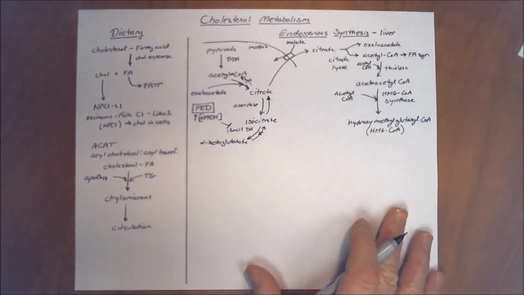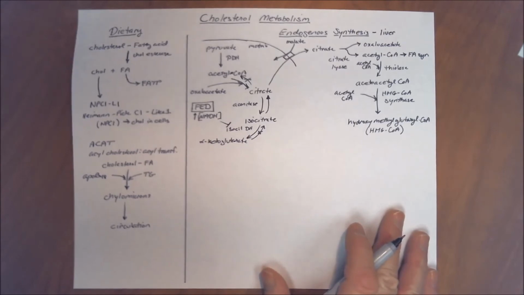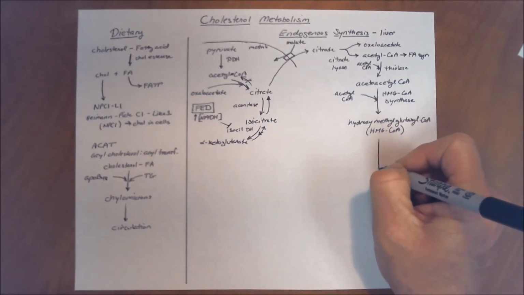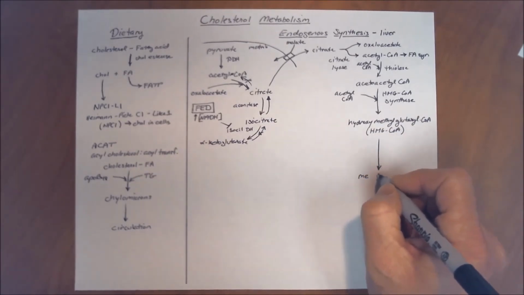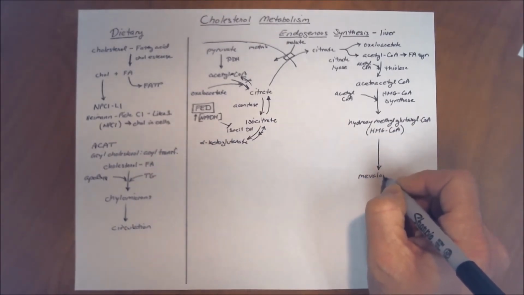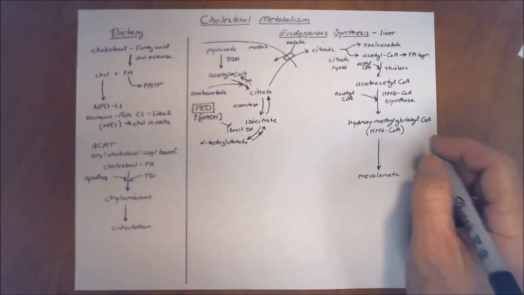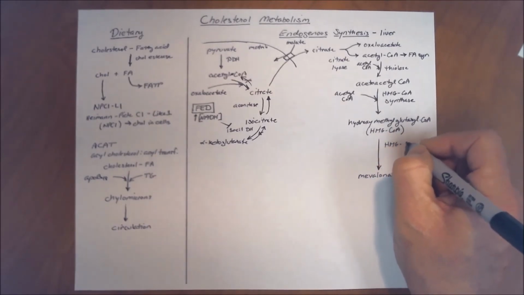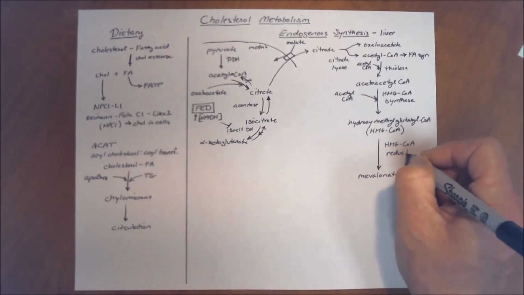Now the next step is probably the most important step in cholesterol synthesis. We are going to convert the HMG-CoA into mevalonate. The enzyme that does this is HMG-CoA reductase.